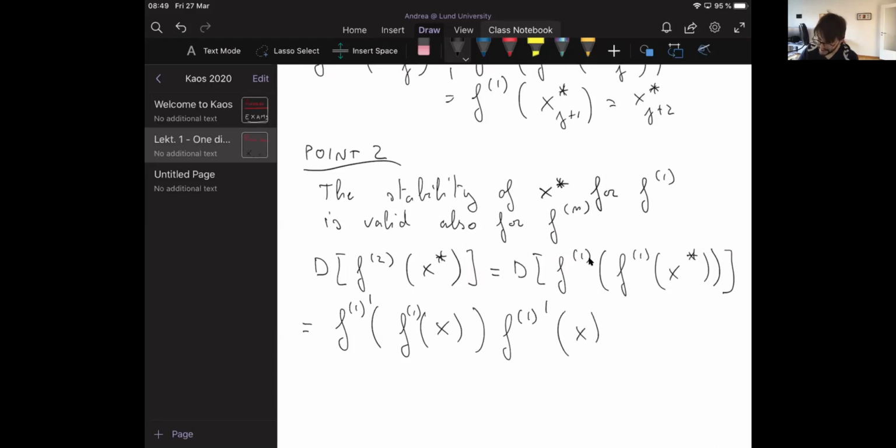Here I exploit the properties of the derivative, and I take the derivative of the inner argument times the derivative of the outer argument. So this is for the fixed points.